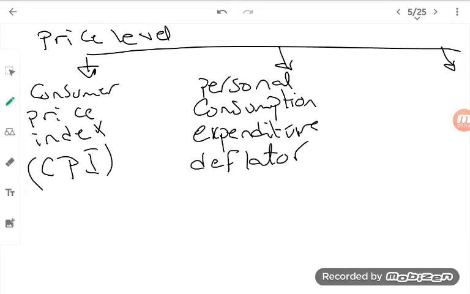And number 3, GDP deflator. First, we are going to start with the Consumer Price Index.